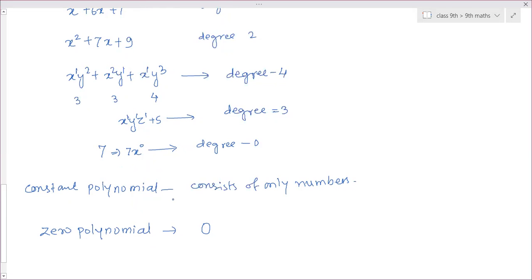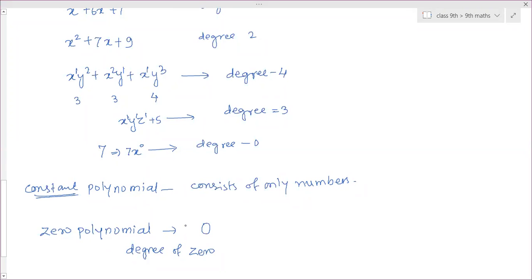If the constant polynomial is 0, that means there is no other number, there is a single number, that is 0, then that is called a zero polynomial. And the degree of the zero polynomial, this is a constant polynomial. Any number present in the polynomial, no exponent, no variable, only a number, is called a constant polynomial.